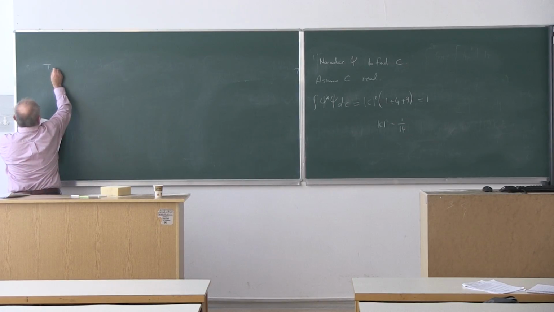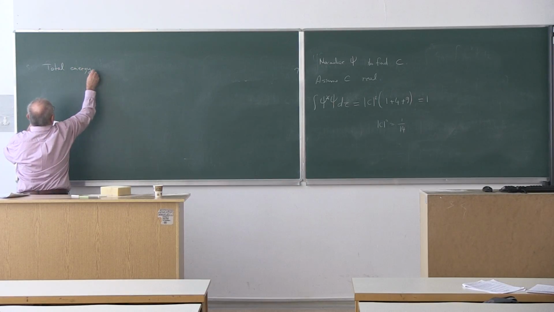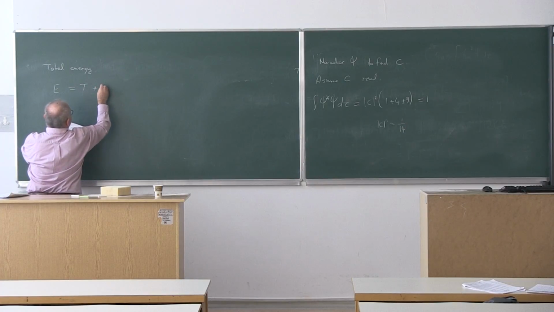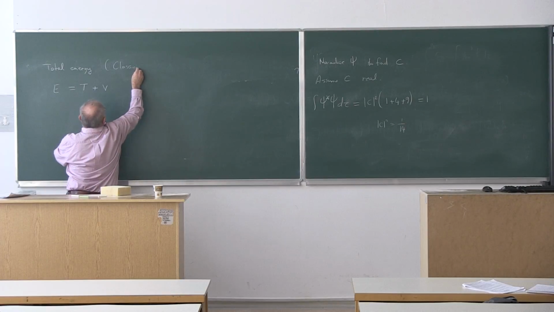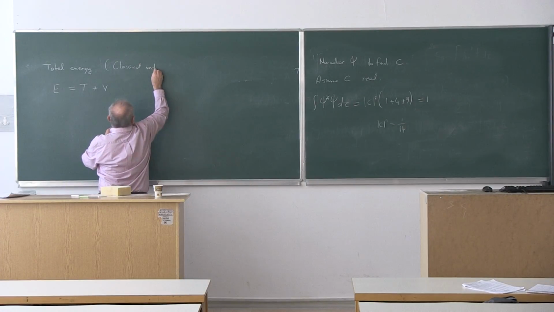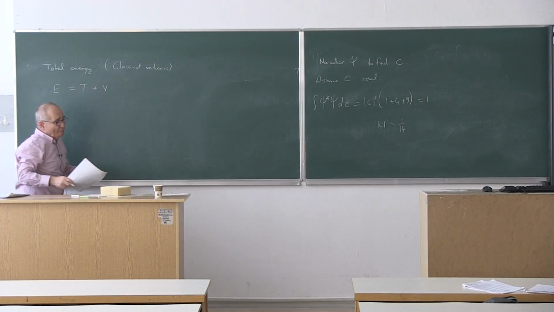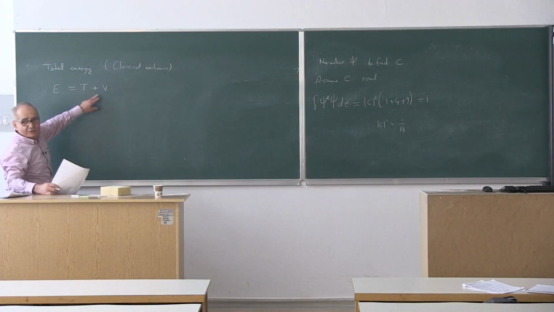Total energy E is the sum of kinetic energy plus potential energy.